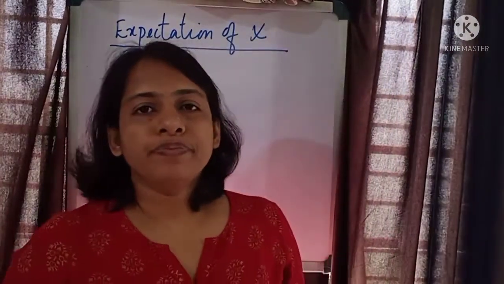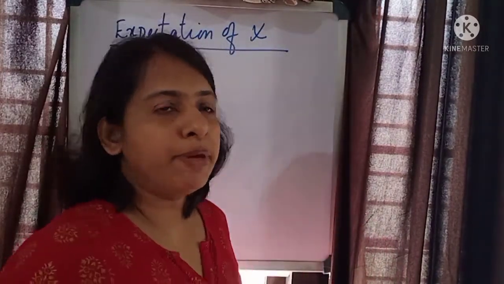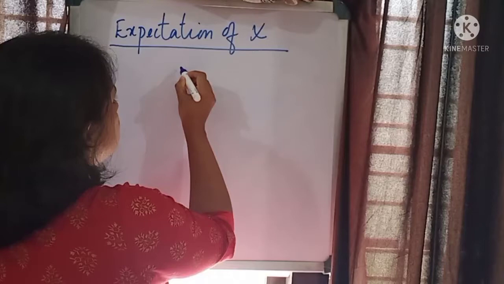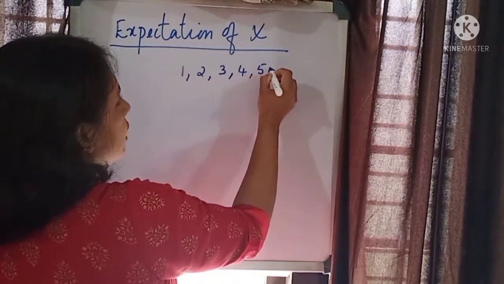For example, when we throw a die, the variable x may take values 1, 2, 3, 4, 5, 6.